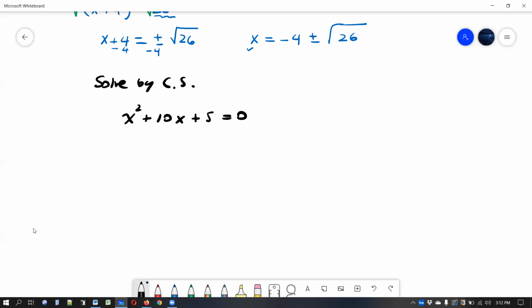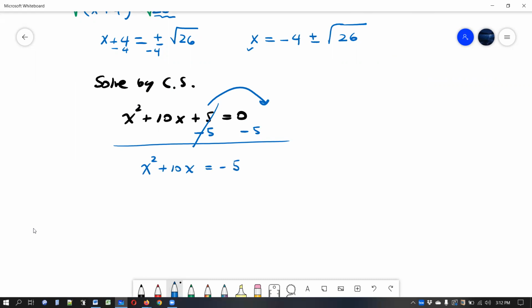Okay, so we are in standard form, ax squared plus bx plus c. The very first thing I need to do is move this to the other side, and I'm going to do that by subtracting 5 from both sides. Right, that's my step 1.